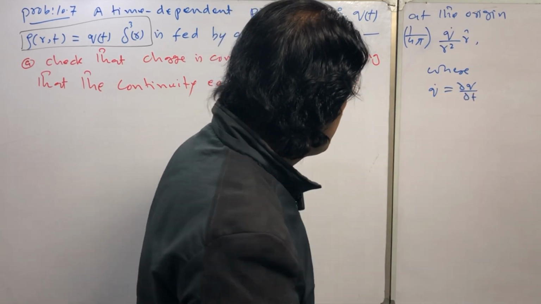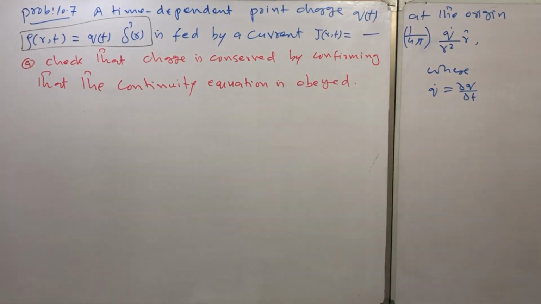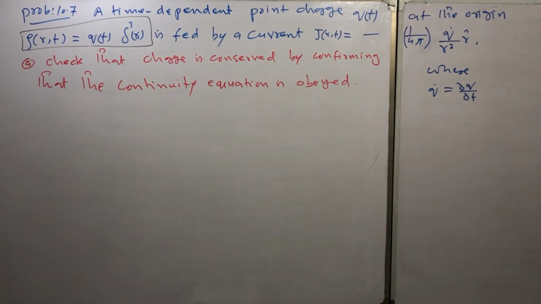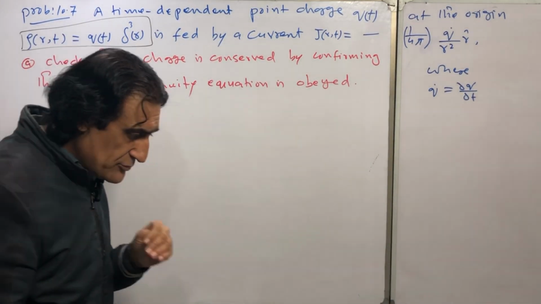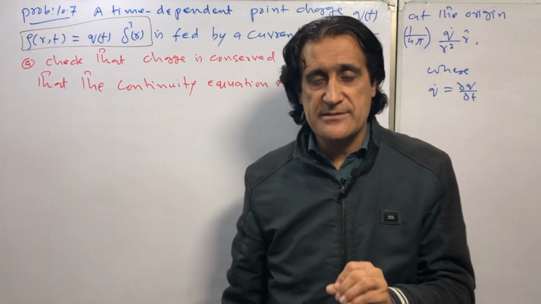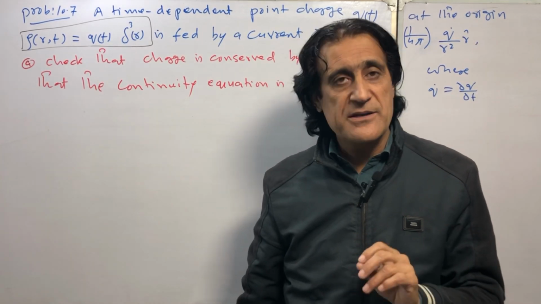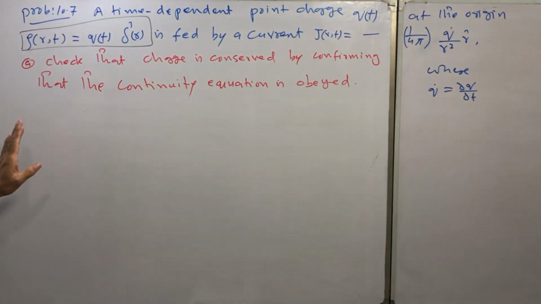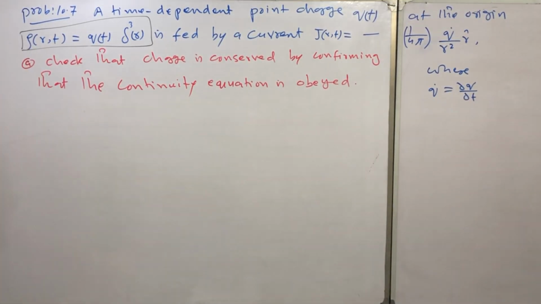Q dot means partial Q divided by partial t. Check that charge is conserved. We have to check that the charge is conserved. How is it possible and how can we prove it? We can prove this by using the continuity equation.